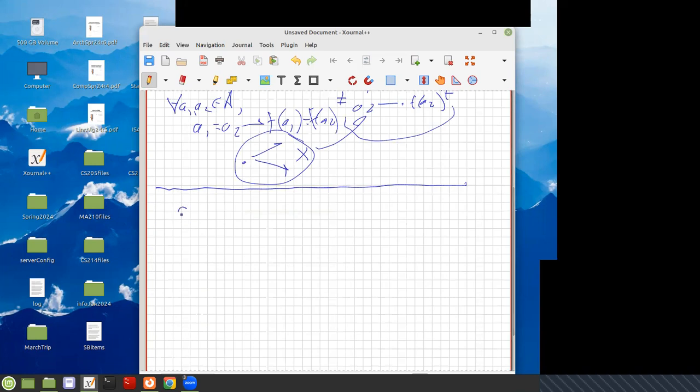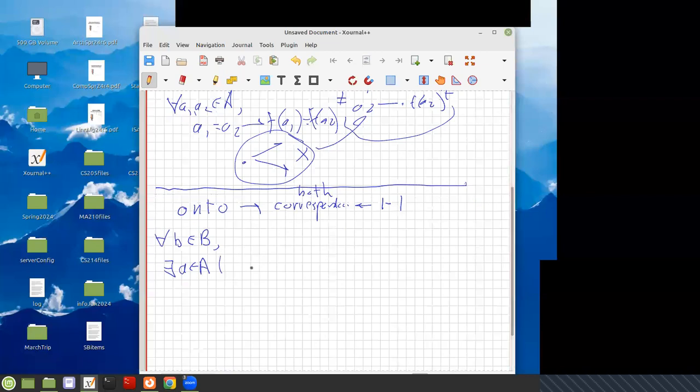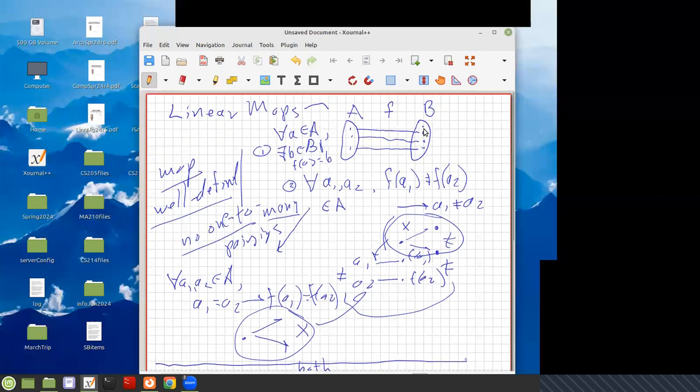The second thing was we had two properties, onto and one-to-one, and if you put them together, you have a correspondence, right? Sort of both. What does onto mean? It means for every B member of the codomain, there is an A member of A such that F of A equals B. If this map here is not onto, it's because there's a little dot here that isn't paired.